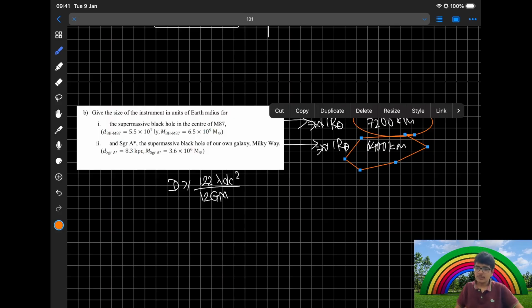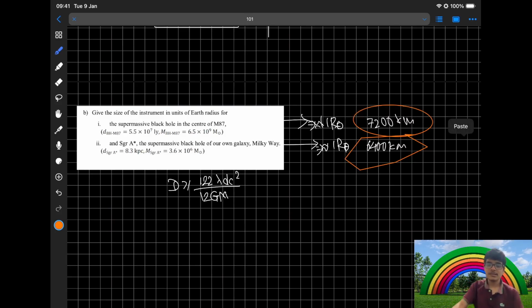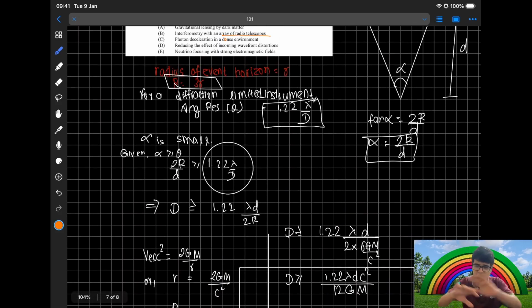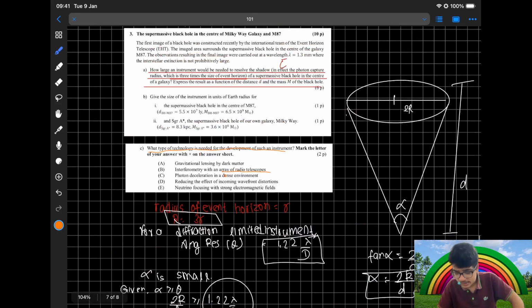And these are actually crazy ones. And actually, the Event Horizon Telescope is based on this interferometry, where we install this array of radio telescopes working at a wavelength of 1.3 mm. And these telescopes are spread into various locations, so the answer will be B.